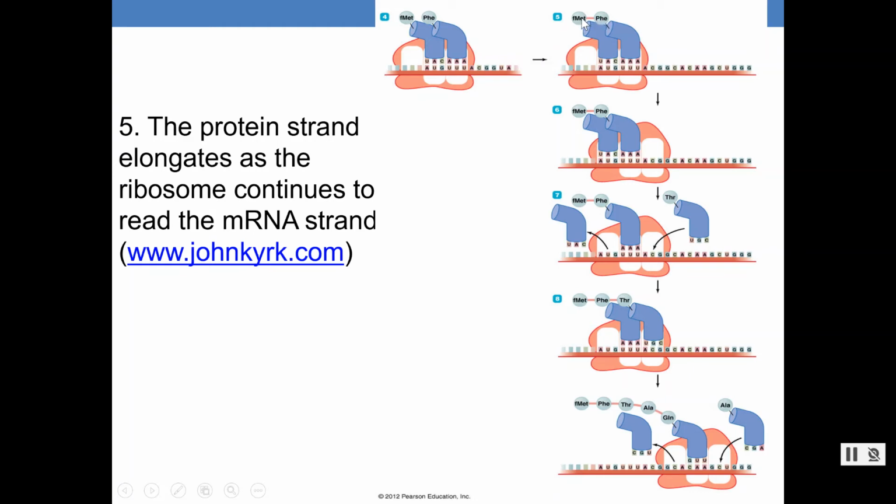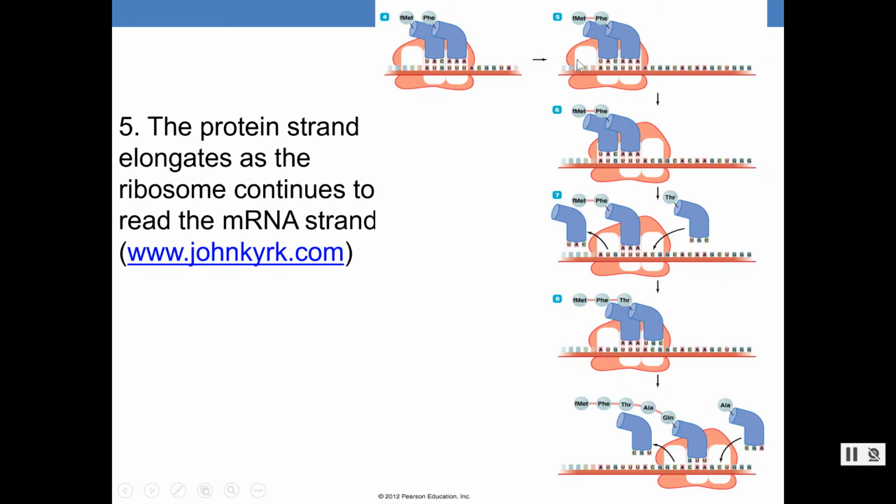So methionine links up with phenylalanine, and now it is joined to this tRNA because phenylalanine was still attached to this tRNA. Methionine now is attached to phenylalanine. You can see it's no longer attached to that first one.